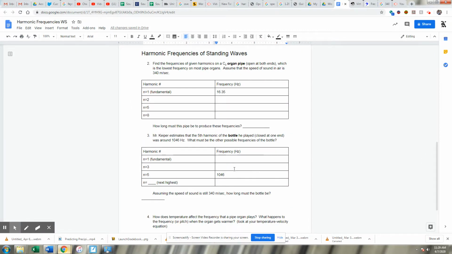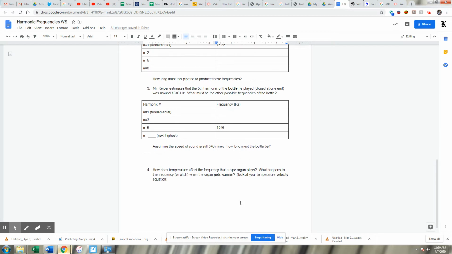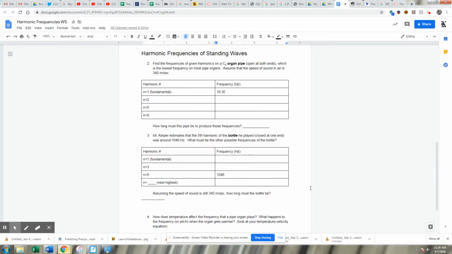The only difference is for the bottom one, since it's closed at one end, we can't have even harmonics. But it's still true that if this is the fifth harmonic, 1/5 of that should be the fundamental frequency. So I'll let you work through this, and this will be our only task for the week other than viewing these lessons.